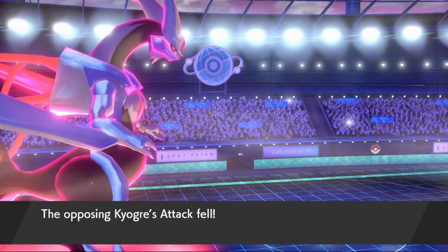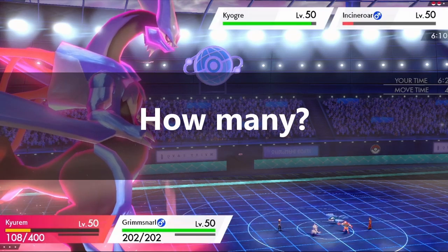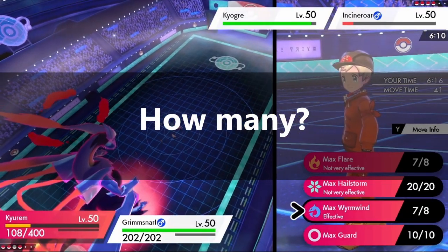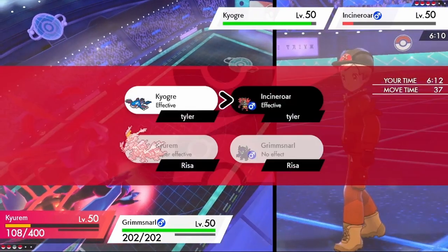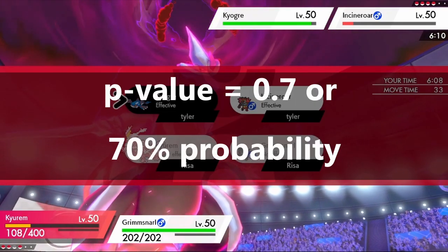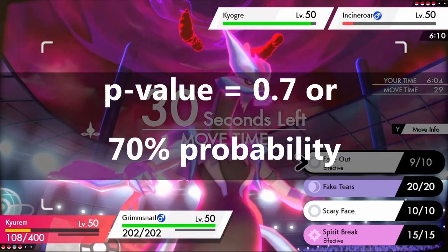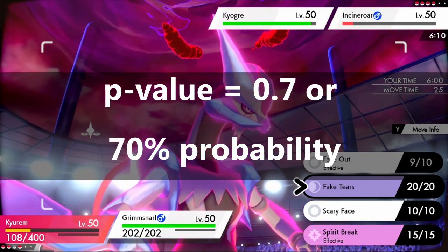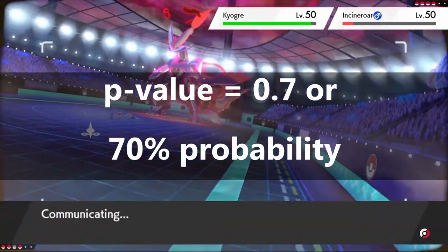So if we did that study 100 times, how many times do we expect to get the same difference as a result? So if the p-value is 0.7, for example, that would be 70%. So in 70 out of 100 studies, we would expect to get that same difference due to chance.